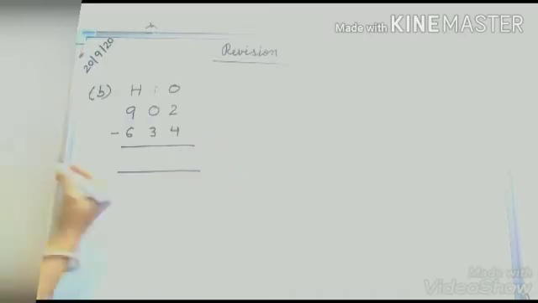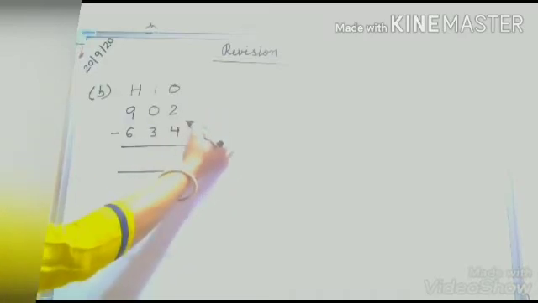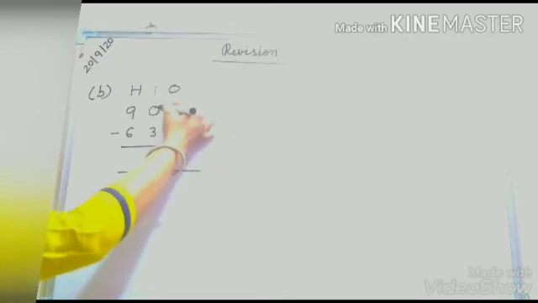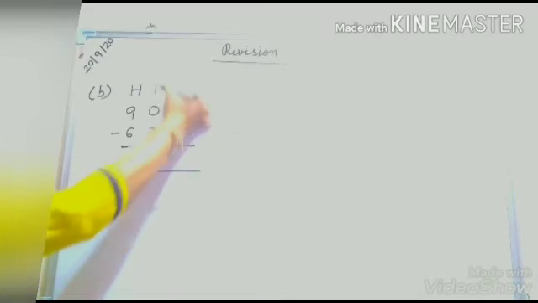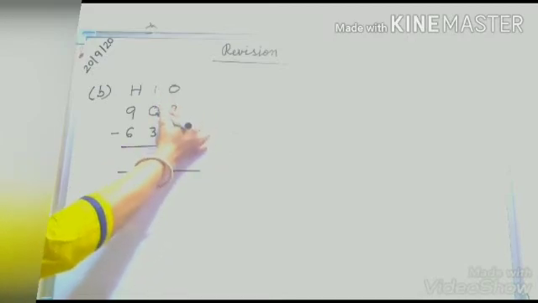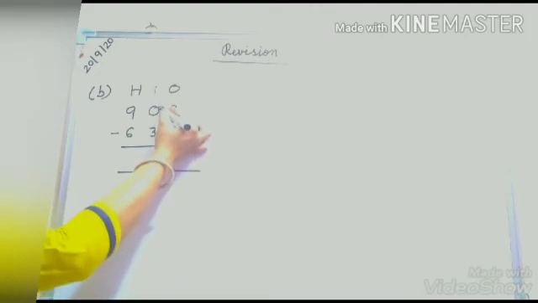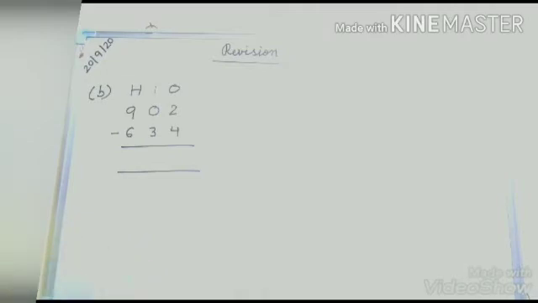Okay, so what we do? Then we will borrow 1 from the tens place digit. Here the tens place digit is 0. So we have to take 1 from 0. But it is again not possible to take 1 from 0. Then what we will do?